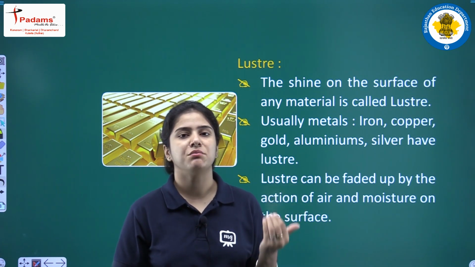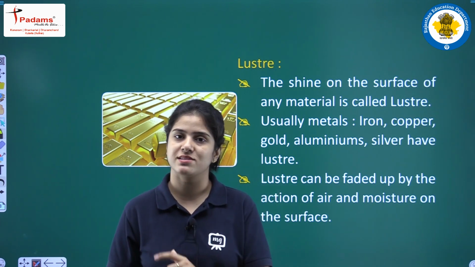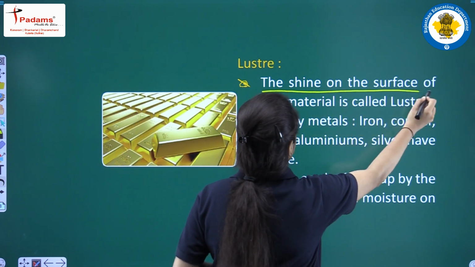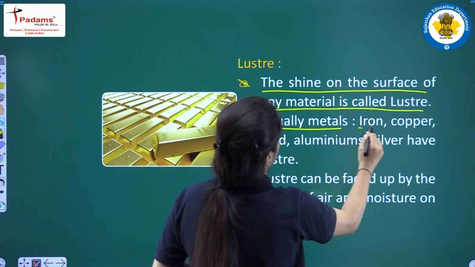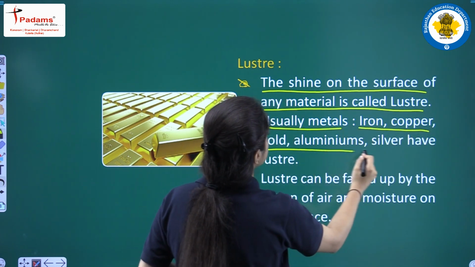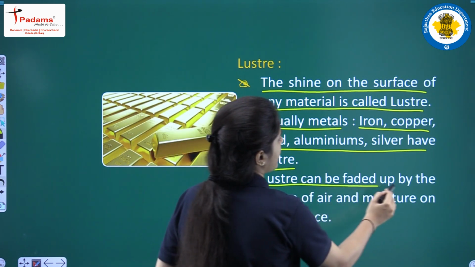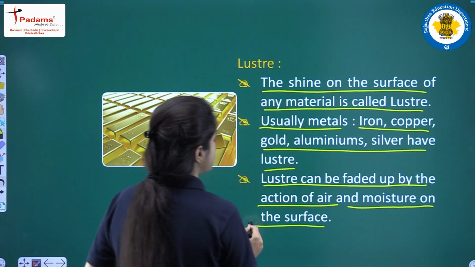So luster can be faded. And what is luster? The shine on any metal surface. Usually metals, iron, copper, gold, aluminium, silver have luster. Alright students, so luster can be faded by the action of air and moisture on the surface.